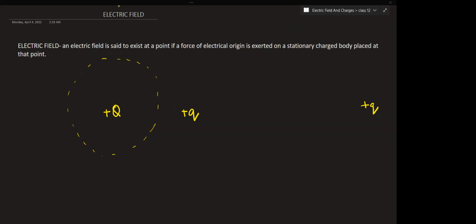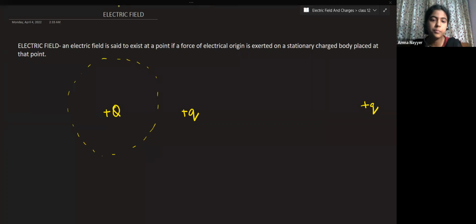If you consider a charged body carrying a positive charge Q, placed like this, then it is assumed that this charge capital Q produces an electrical environment in the surrounding space, which is known as the electric field.